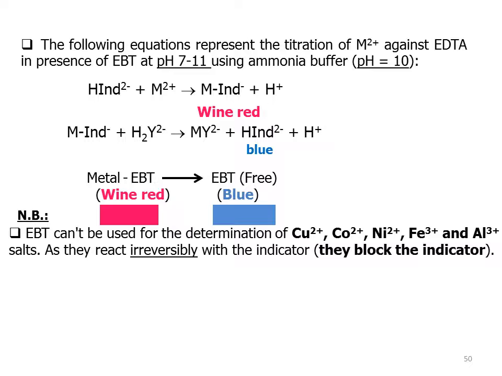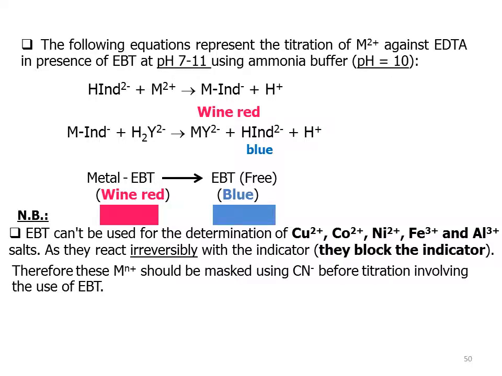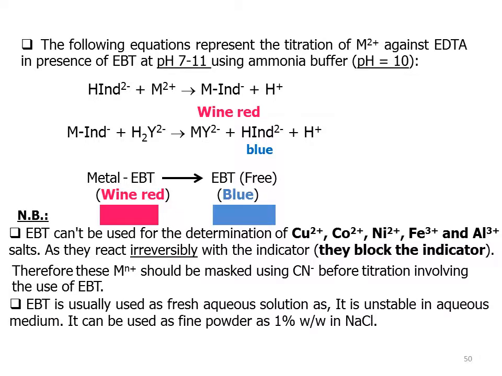That means they block the indicator. Therefore, the central metal ion should be masked using cyanide before titration involving the use of EBT. This will be thoroughly discussed next lecture.